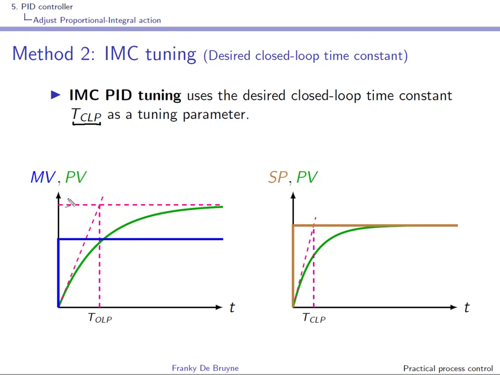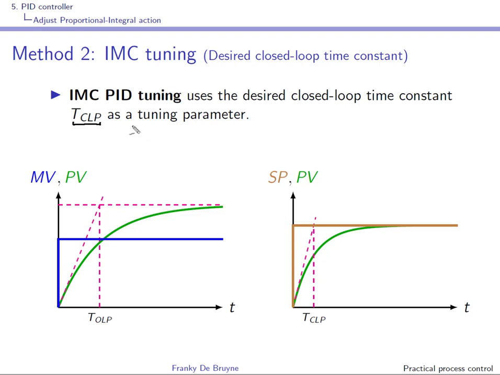If you're working in open loop and you do a step change on MV, well, the gain typically will not be 1. In closed loop, of course, if your controller has integral action, the gain will be 1. And if you then look at the time constant, this is really the time constant in closed loop.